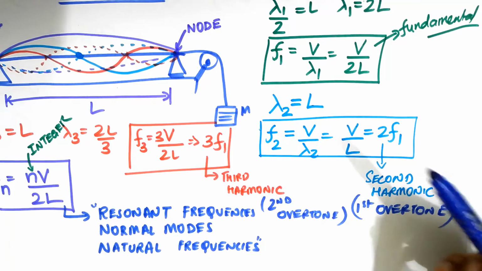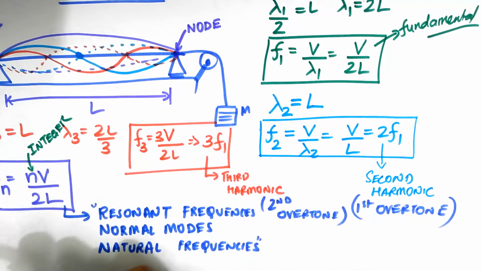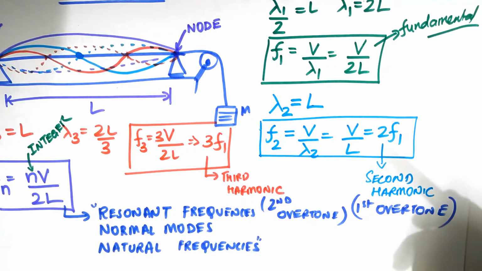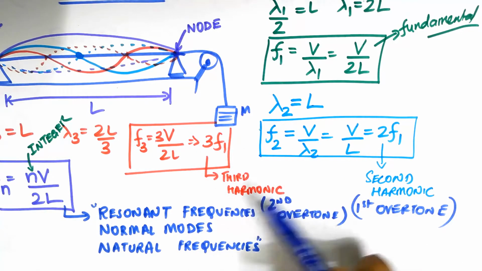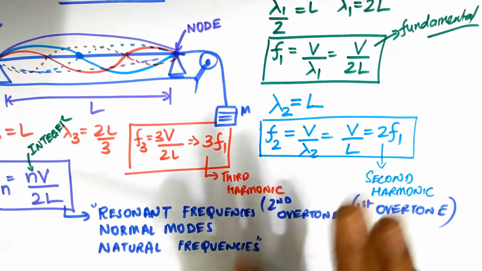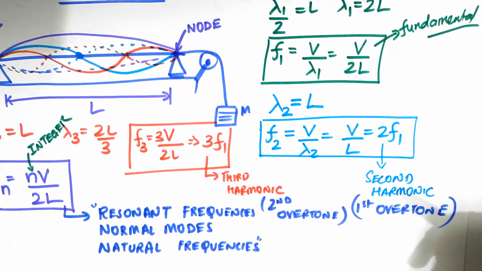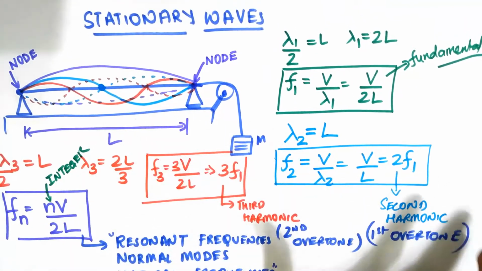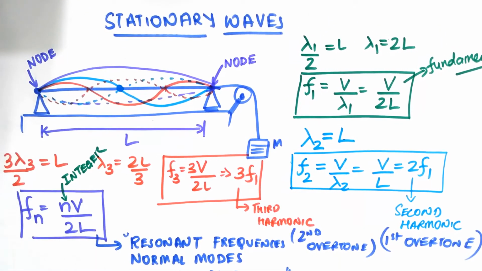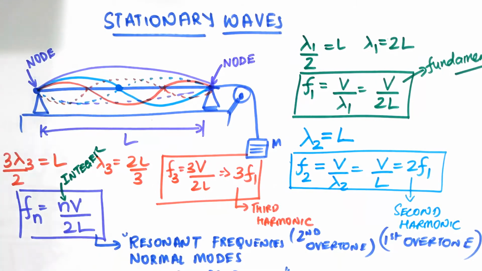If I say fifth harmonic, it does mean 5 times the fundamental frequency. But if I say fifth overtone, it can be sixth harmonic. Sixth harmonic will be the fifth overtone in this case, but it doesn't have to be in general. Okay, so I hope you understood what this thing is. Please remember this one, and we'll use this to solve the problem.